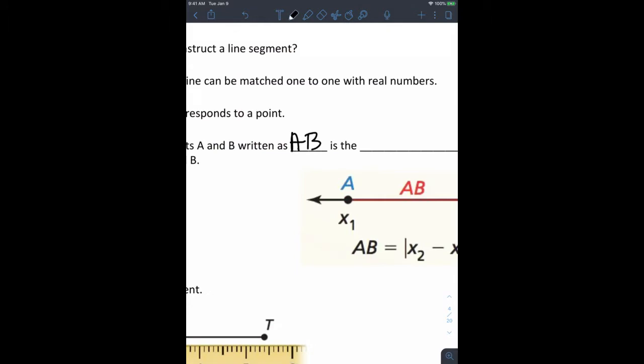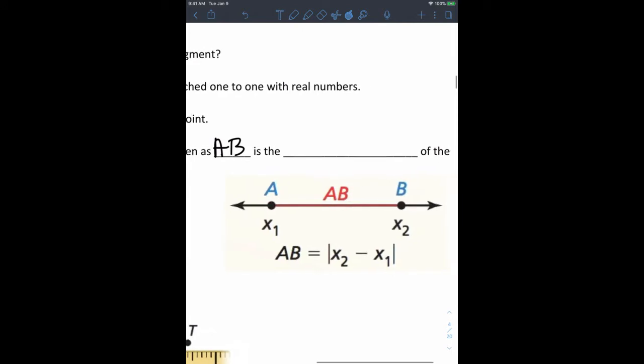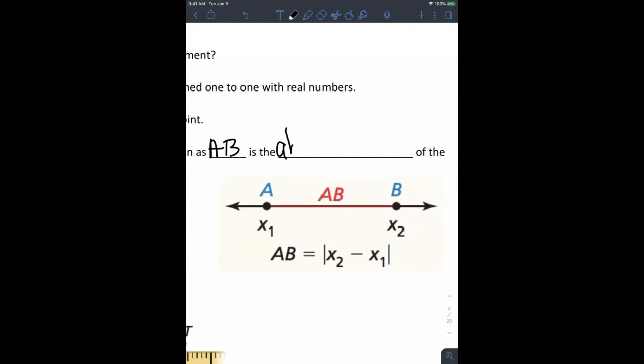And notice there's no symbol above that. And this is the absolute value of the difference of the coordinates of A and B.